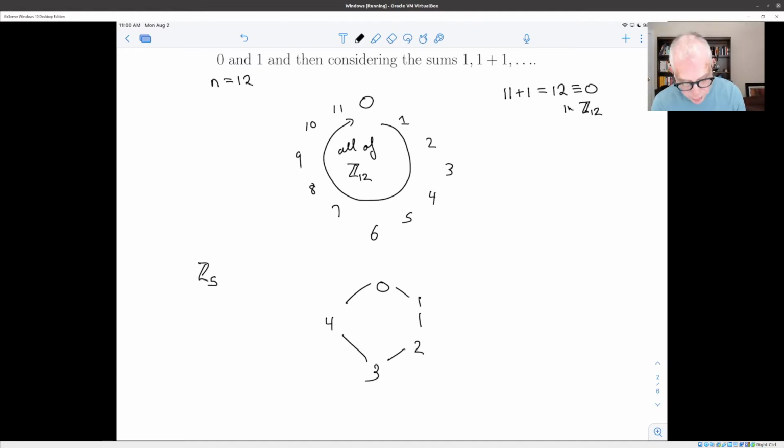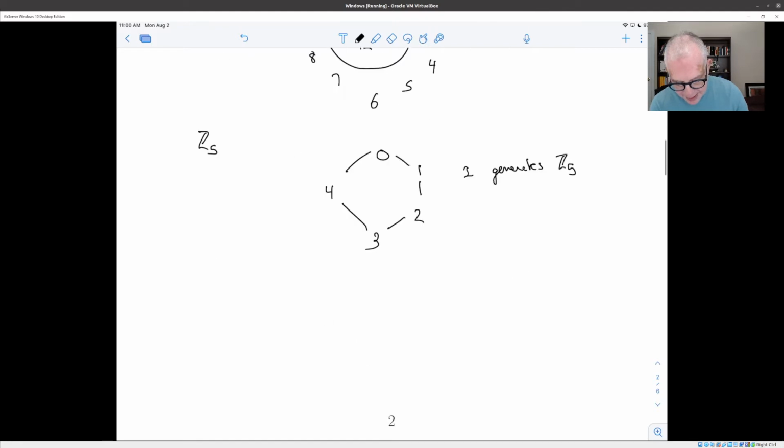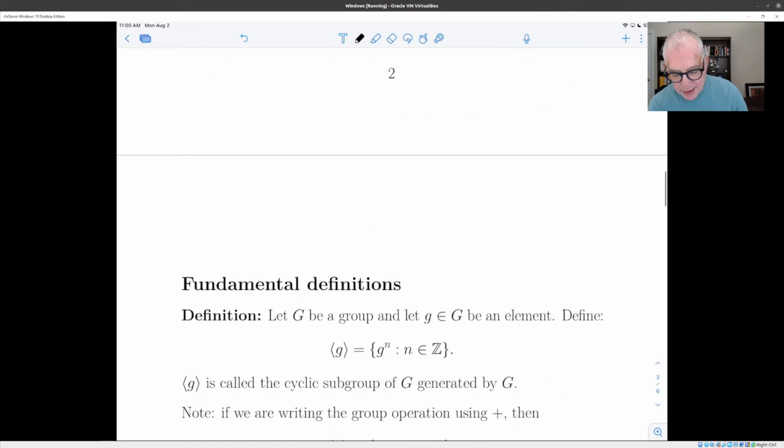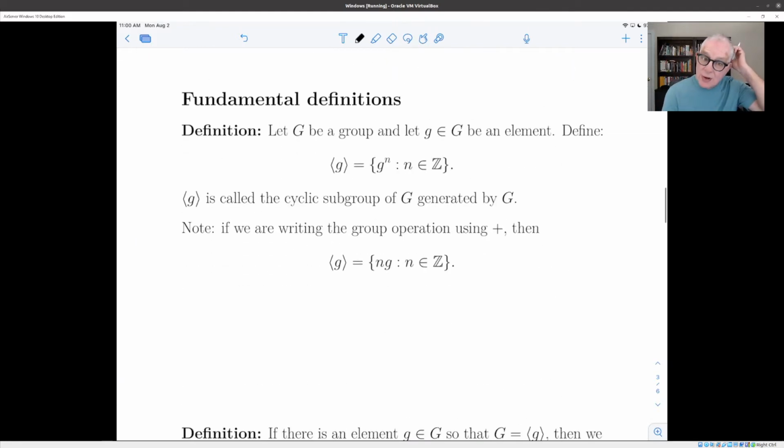And so also 1 generates Z5. So these are 2 examples of what are called cyclic groups, or 2 classes of examples. And now we can make a formal definition of what it means for an element to generate a group and what it means for a group to be cyclic.